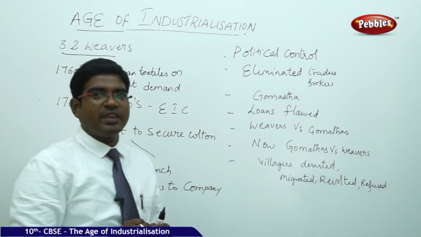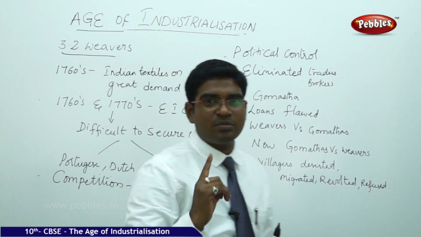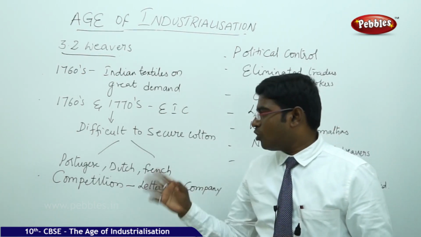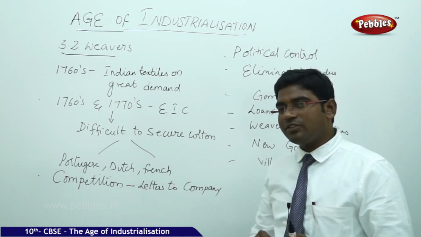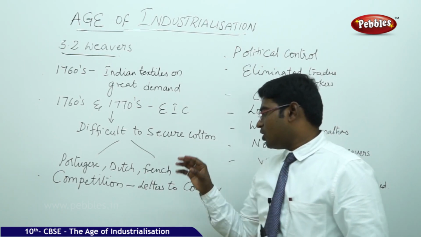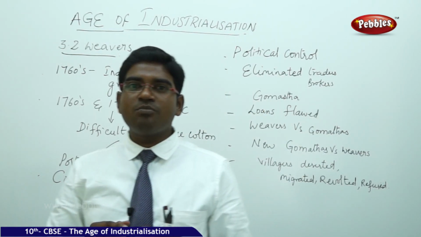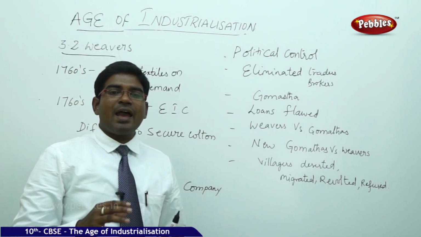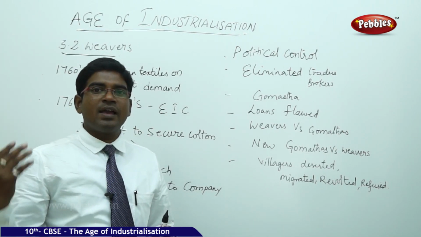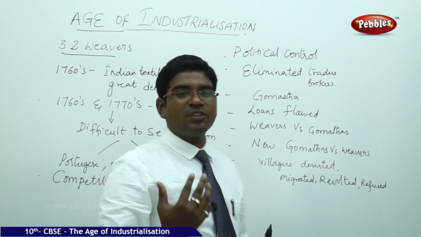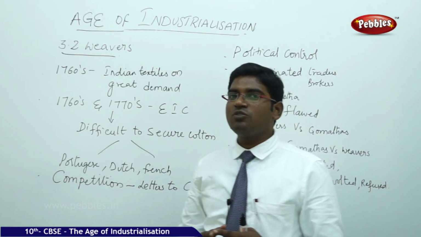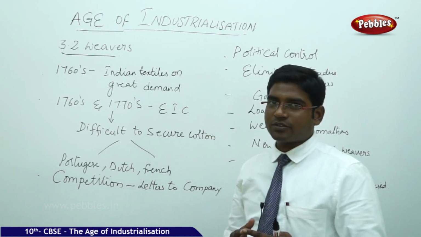The East India Company was facing tough competition from the Dutch, the Portuguese, and also the French, wherein when the competition is more, the weaver has more options to sell to, and whoever bids the higher amount is paid the entire product.